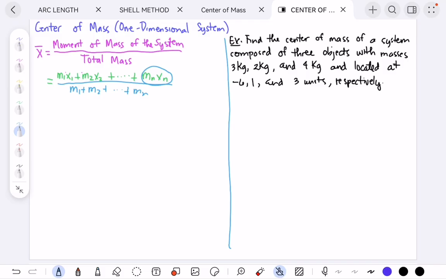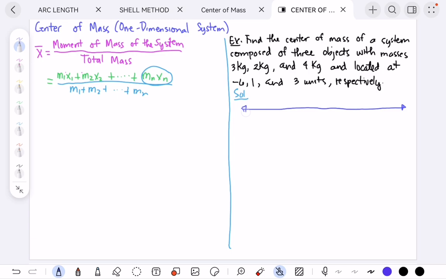Now let's look at this example. Find the center of mass of a system composed of three objects with masses 3 kilograms, 2 kilograms, and 4 kilograms, located at the following points on the x-axis.